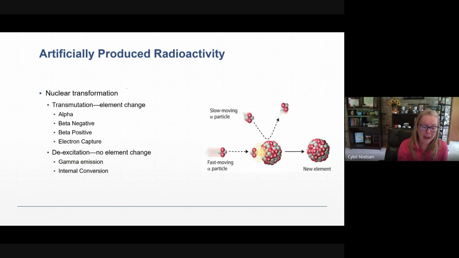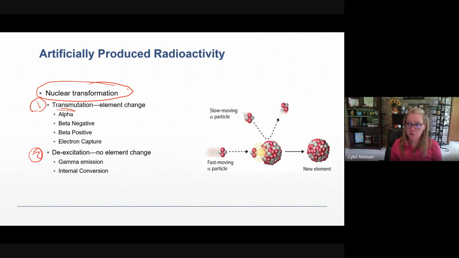All right, so when we add the proton or we add the neutron, something called transmutation occurs. Transformation is one of two things: either it's transmutation or de-excitation. If you looked up transmutation in the dictionary, it really says element change. So if we add a proton or we add a neutron, if the number of protons change, then it is transmutation.